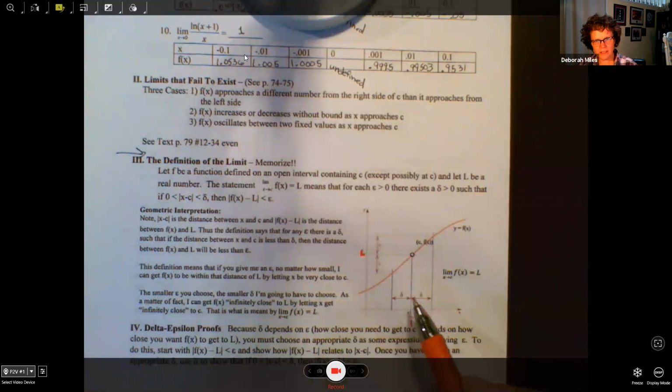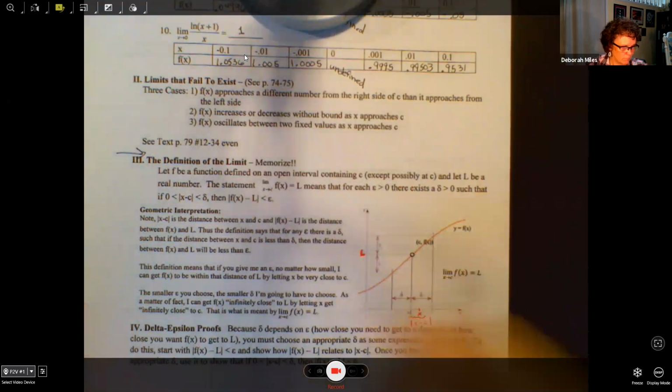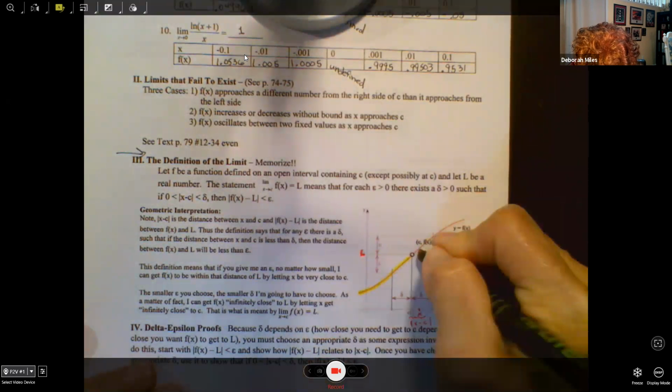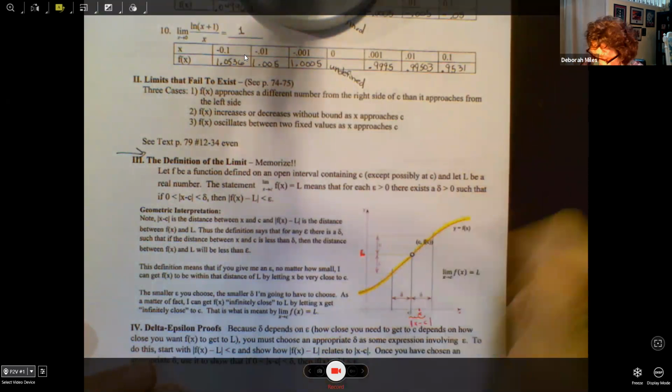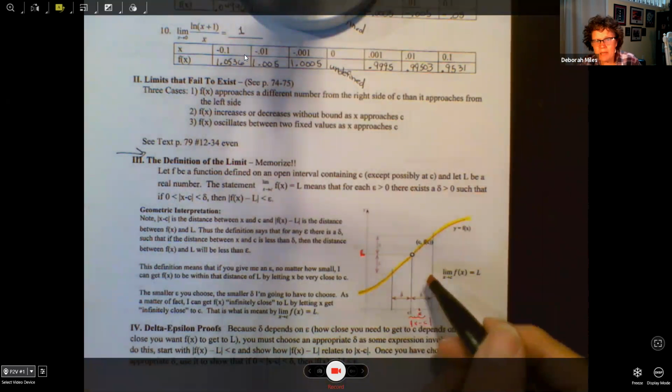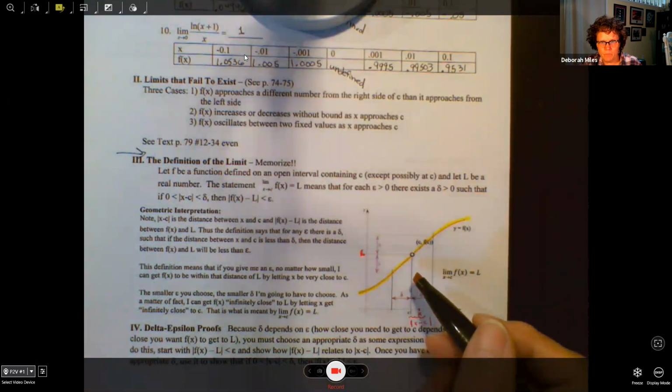Let's look at the graph and compare it to that target picture we had. Here's some function, f of x. It's defined around c, but maybe not at c itself.